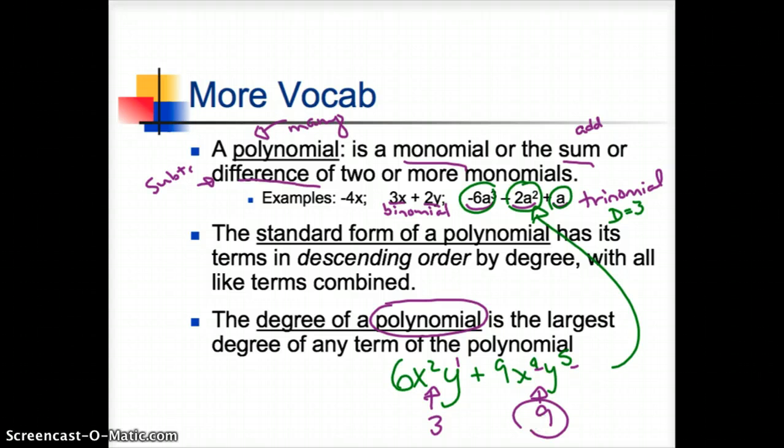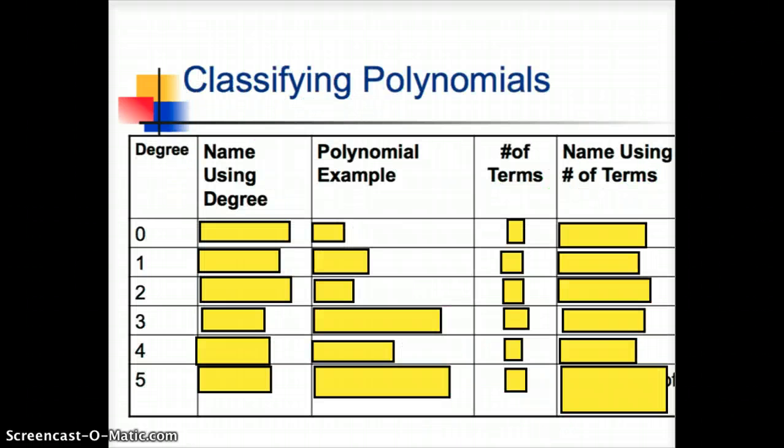All right. So let's go ahead and look at this big chart. I highly recommend writing this whole chart down because you will want to refer to it quite often. So in many of these things, you're just going to hear a lot in your math life. So if I have a degree of 0, it has a special name. We call that a constant. It's just going to be a number, a constant.